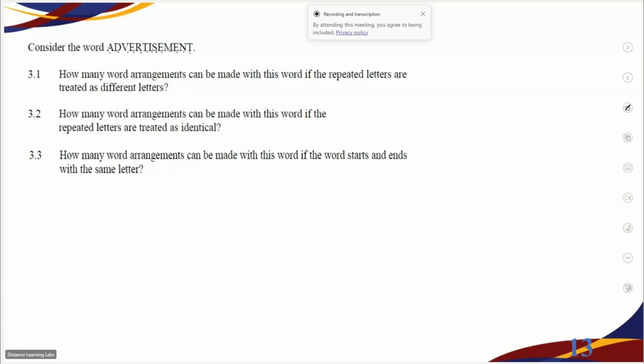It says, how many word arrangements can be made with this word if repeated letters are treated as different letters, meaning that a letter that appears more than once is now treated as different letters. There are 2 letters that appear more than once in the word advertisement. There is letter E that appears 3 times. There is letter T that appears 2 times. On the first example, E and T are treated as different letters.